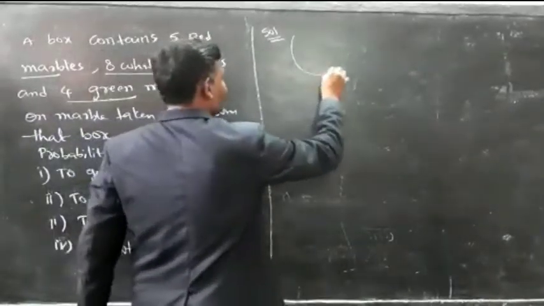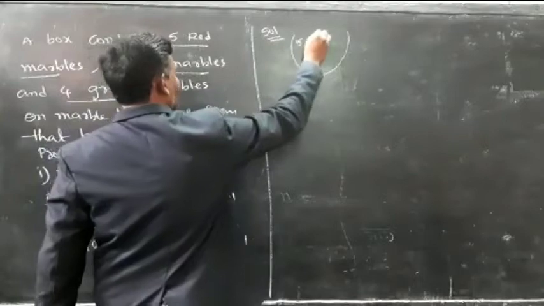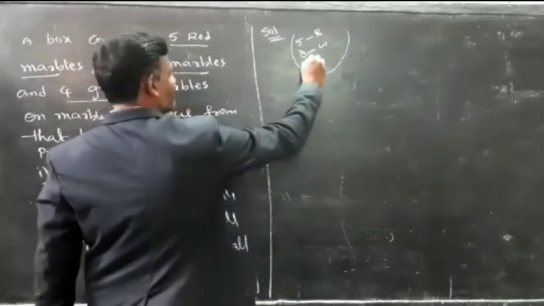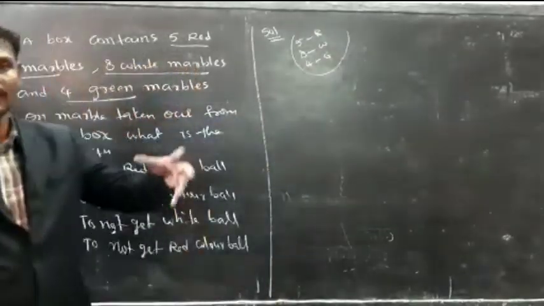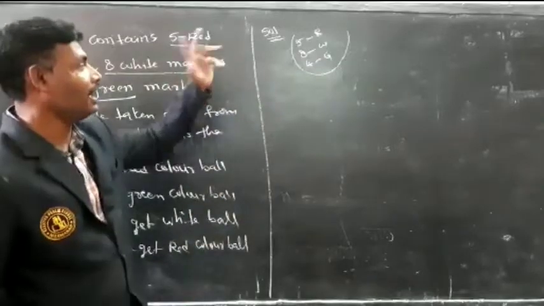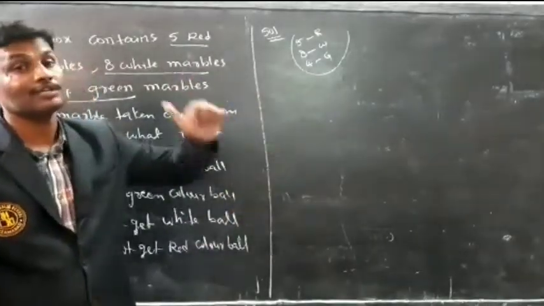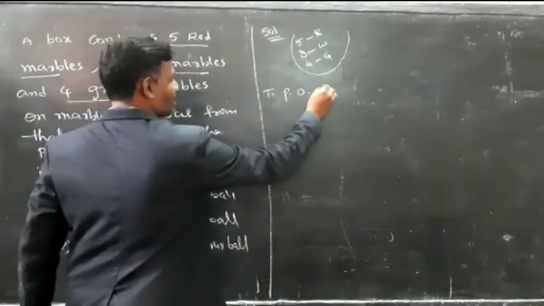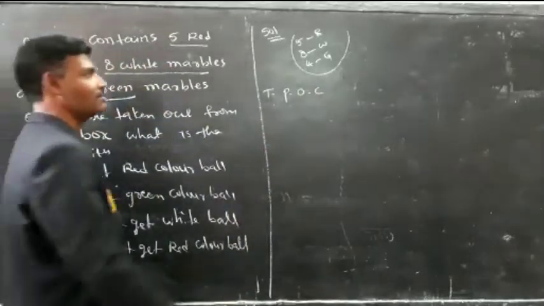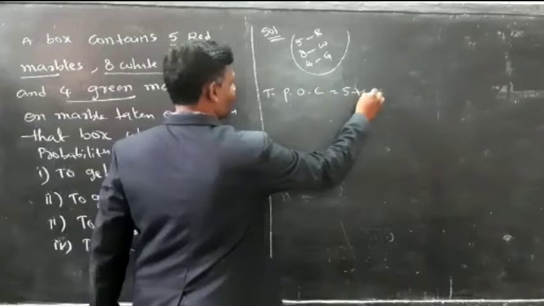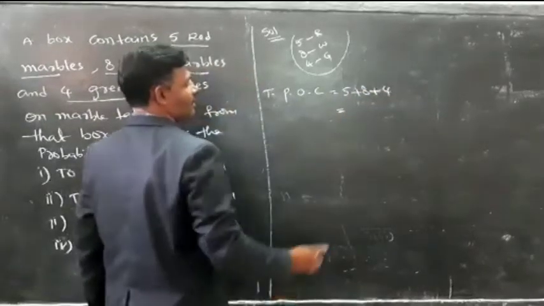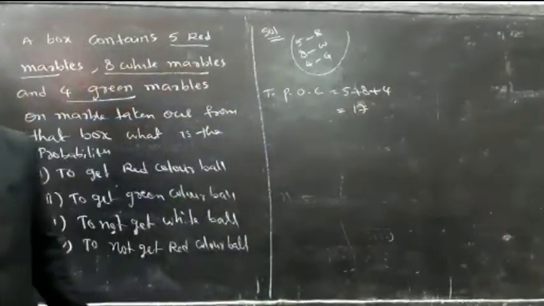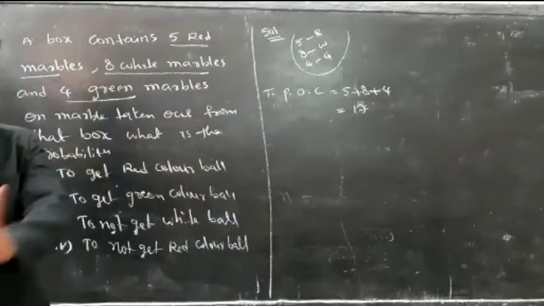In the bag, 5 red color balls, 8 white color balls, and 4 green color balls are there. Total possible outcomes is equal to 5 plus 8 plus 4. 8 plus 4, 12. 12 plus 5, 17. So there are 17 chances to take one ball.